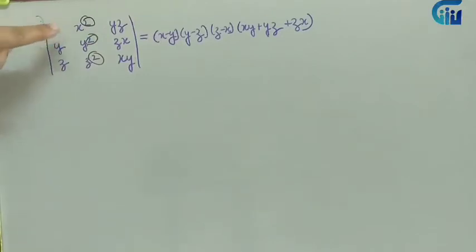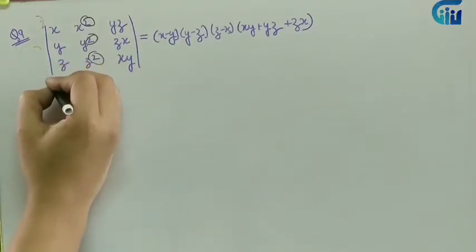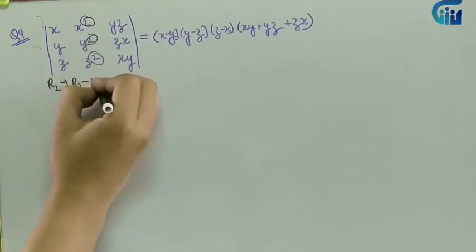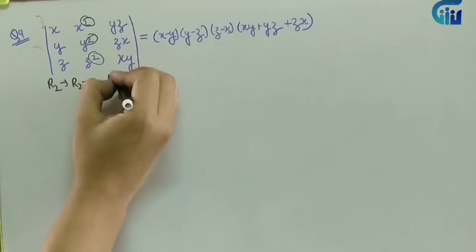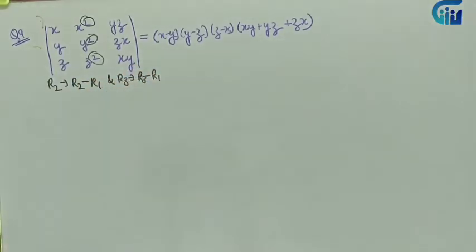If I subtract like y square minus x square, z square minus y square, I will be able to apply the formula a plus b and a minus b, which has these factors. So what will I keep in mind? Keeping all these things in mind, I will apply the operation, yes you are right, fix R1 as I said earlier, R2 such that R2 minus R1, R3 such that R3 minus R1.